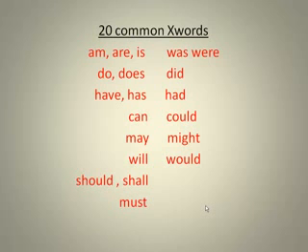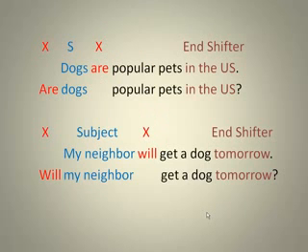Very often these are called auxiliary verbs or helping verbs, but they do something very interesting in English that we can take a look at. These X words are the words that let us ask yes or no questions. These are also the words that must appear in negative sentences.